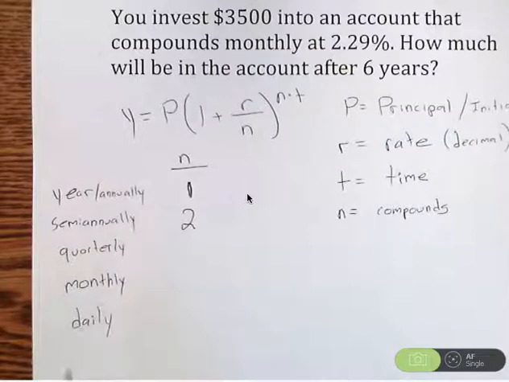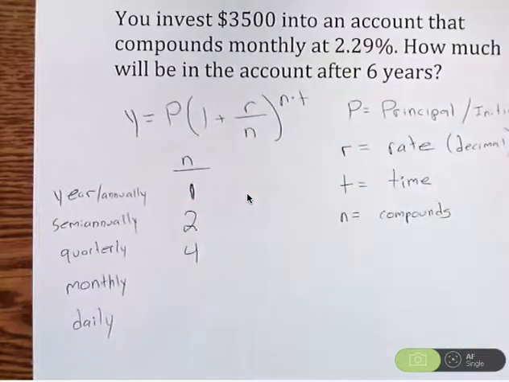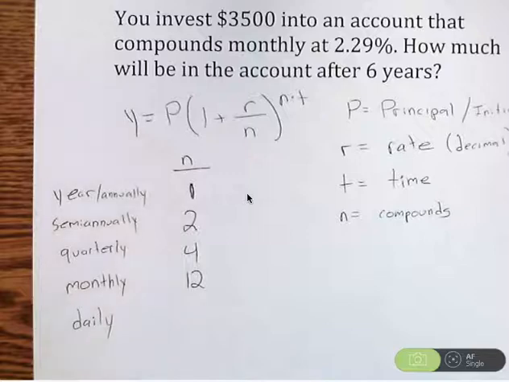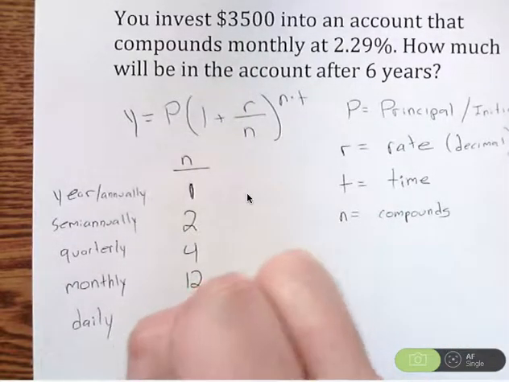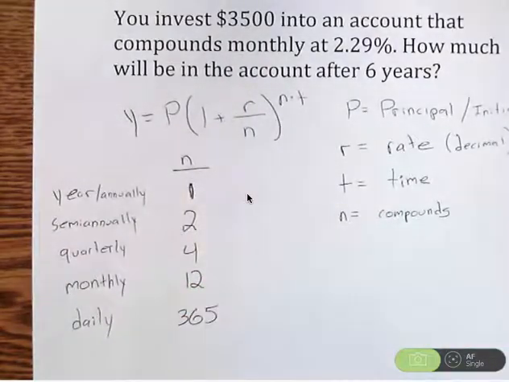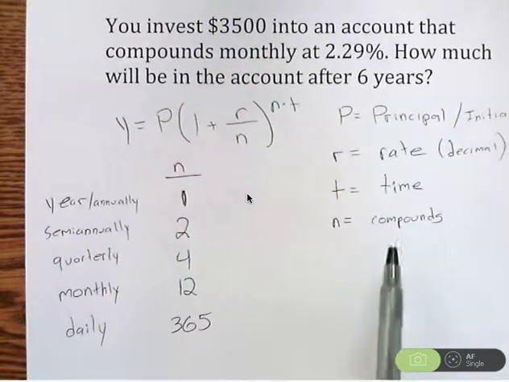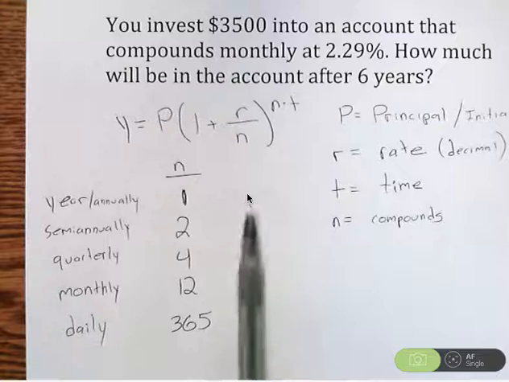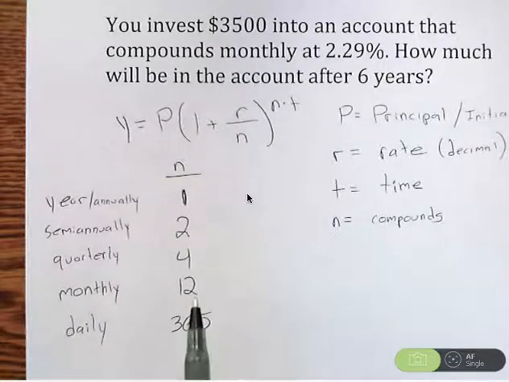How many quarters are in a game? Well, there's 4. Quarterly happens 4 times. And monthly, well, how many months are in a year? There's 12. And finally, daily, that is 365 times a year. So N just represents how often you're compounding this interest. How many times are you applying interest throughout a year? Once, twice, 4 times, 12 times, 365 times.